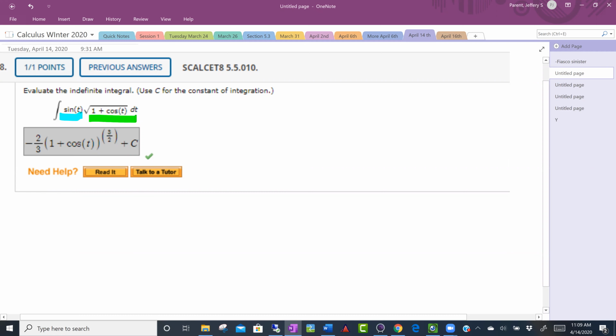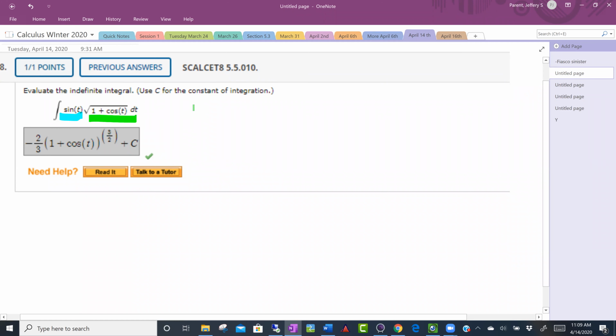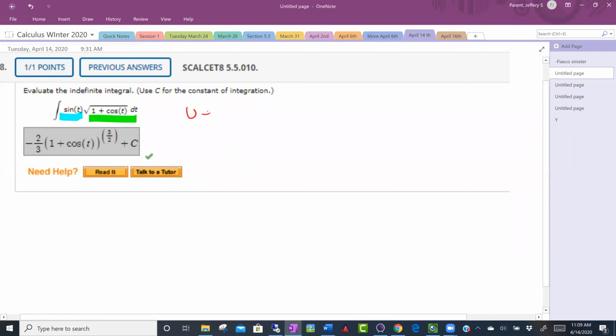Can you see that? If you let u equal 1 plus cosine of t, what's du going to equal?